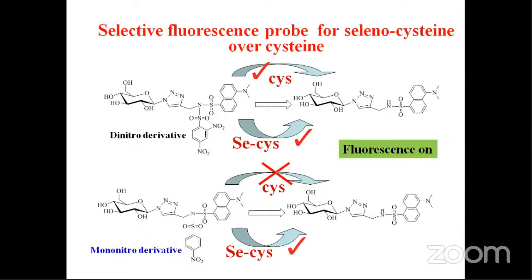In this molecule, it does not react with cysteine, because we have tuned the electron withdrawing group. Cysteine is less nucleophilic in nature than selenocysteine, but selenocysteine can react with this mono derivative and give fluorescence.